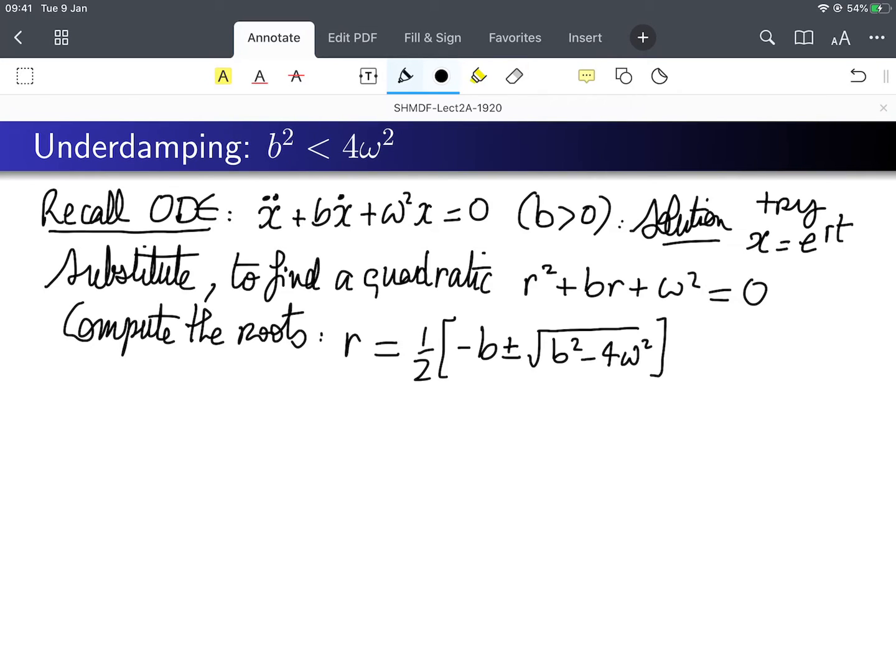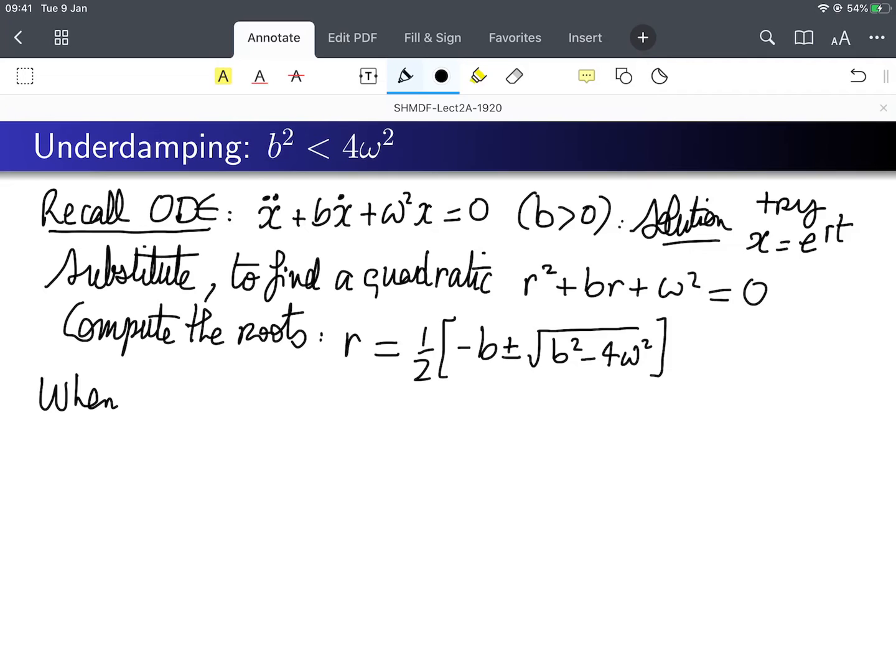So as we said earlier, the nature of the roots will depend on the sign of b squared minus 4 omega squared. So we're going to treat the cases in turn.